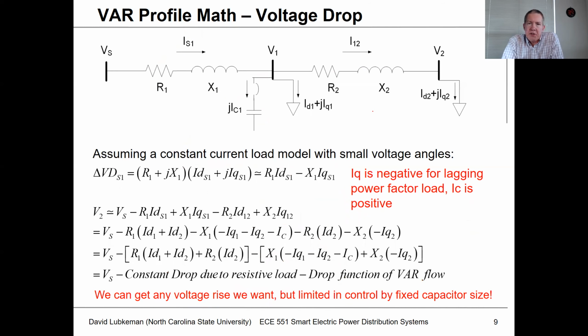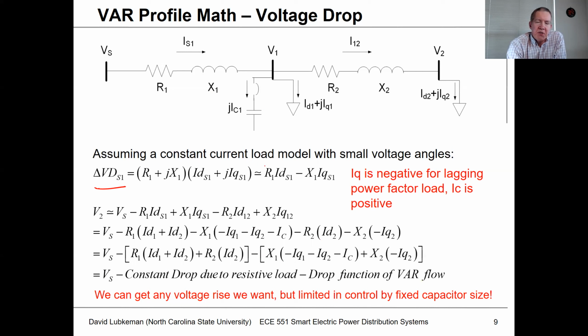Now, as far as voltage drop, if we take a look at our K-factor approximation, in terms of the load currents and the line currents, what we have for the voltage drop across this first segment, for example, is R1 plus JX1 times the complex current going through that line. That's going to be equal to the voltage drop.